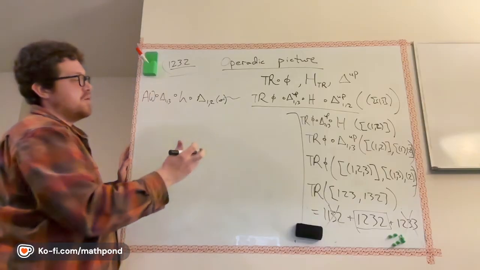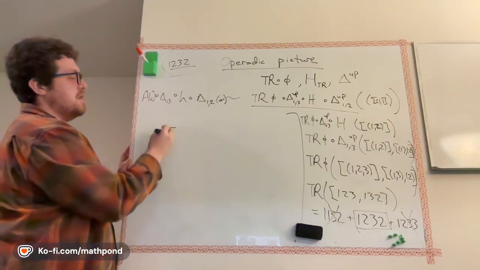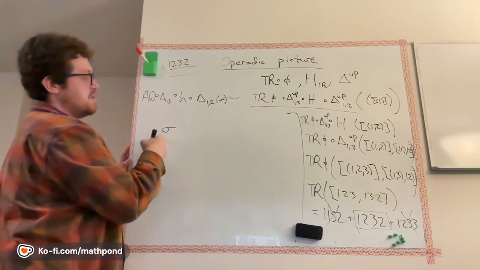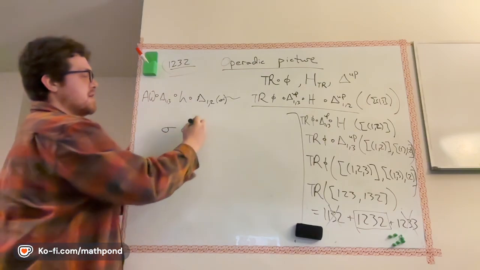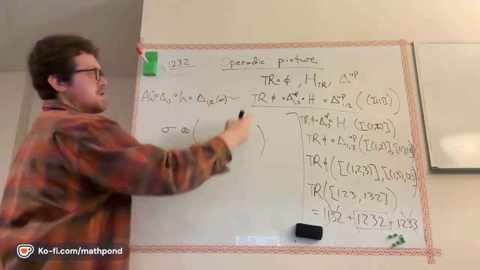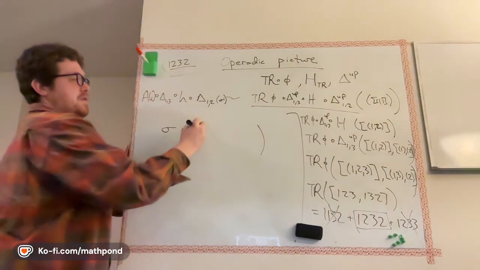I don't even think it's a quasi-isomorphism, but there's an isomorphism between the simplices, which are like sigma tensor, all this operadic stuff, which is the composition of these maps.